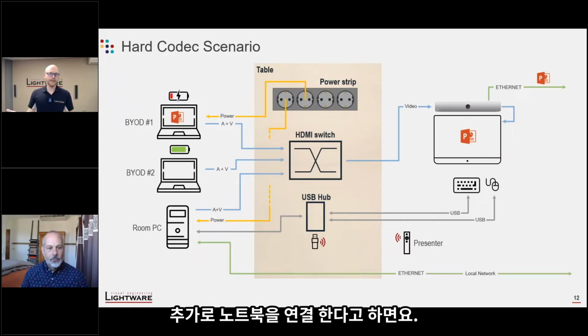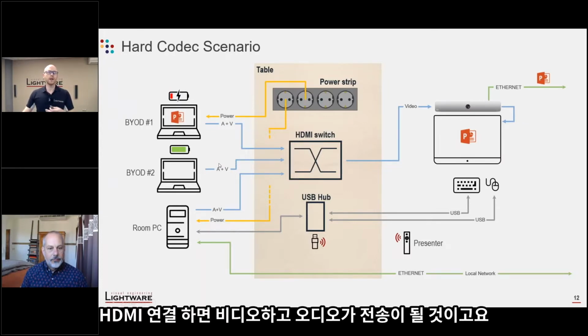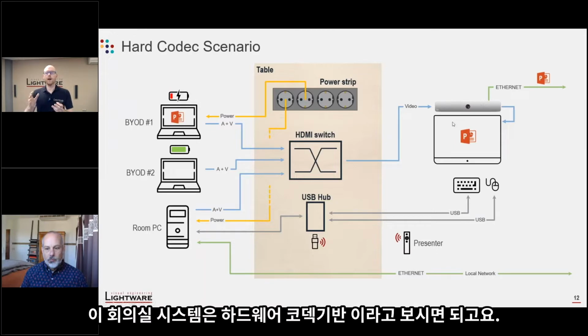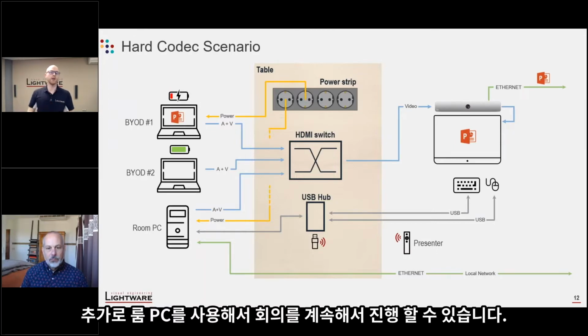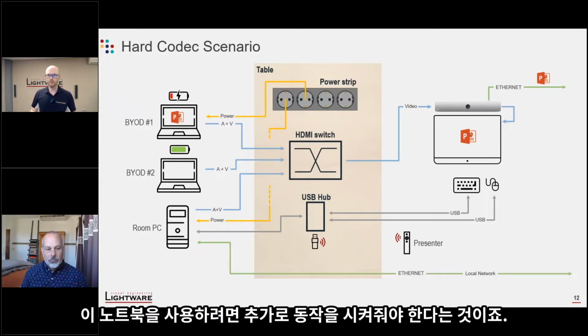You can connect a second laptop to the HDMI switch. It might be charged, so you don't need a charger, but it still can only send HDMI, so video and audio. So this room is based around the hard codec, and in case you need to use a computer, you can use the room PC. Having laptops in this scenario is a fallback option. You can do that, but you're limited to sending video and audio.